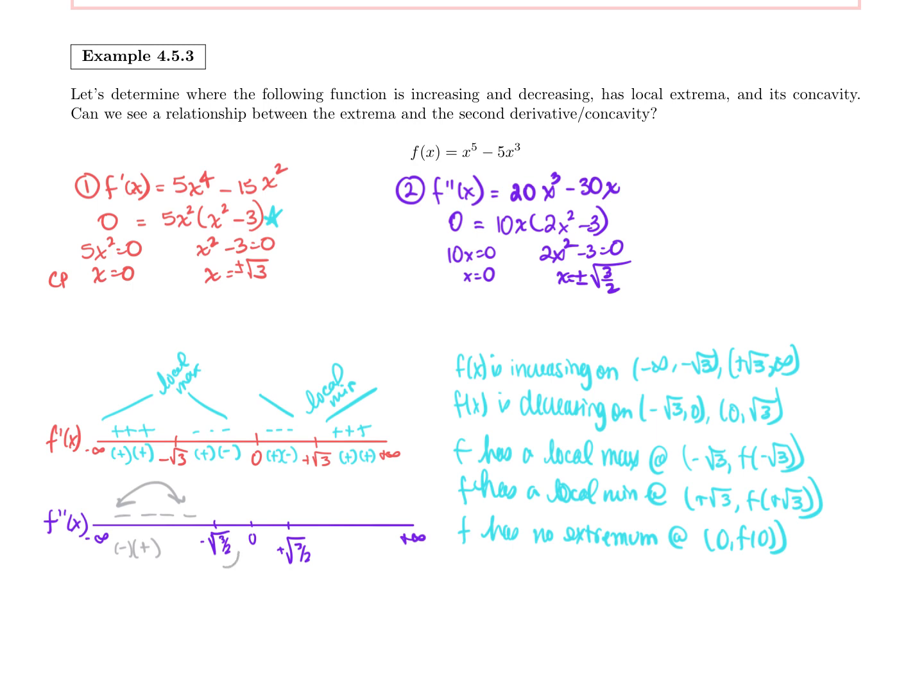If we try a value in between negative root 3 over 2 and 0, like say negative 1, then we would end up with a negative times a negative, which means our function switches to being concave up. If we do the same thing for the positive one, we'll end up with a positive times a negative, and we'll end up with it moving back to concave down.